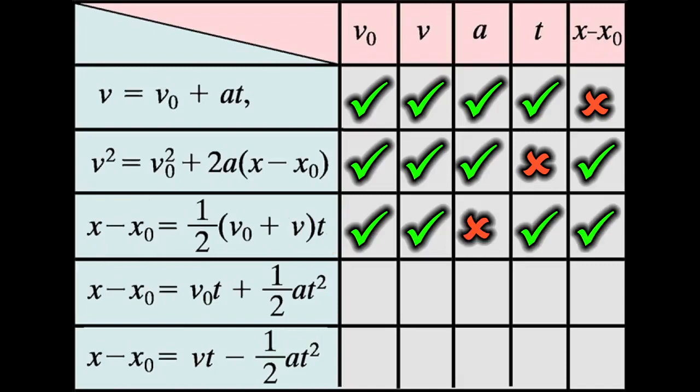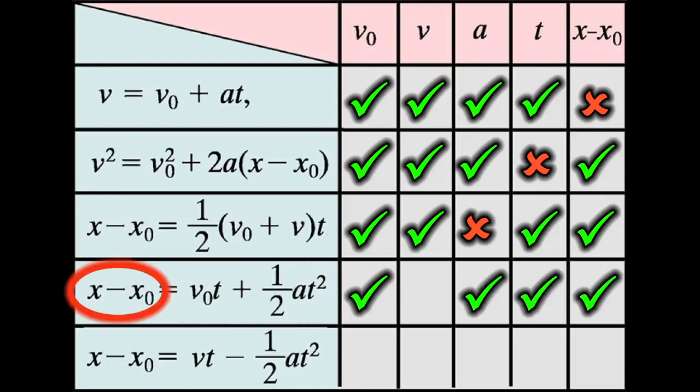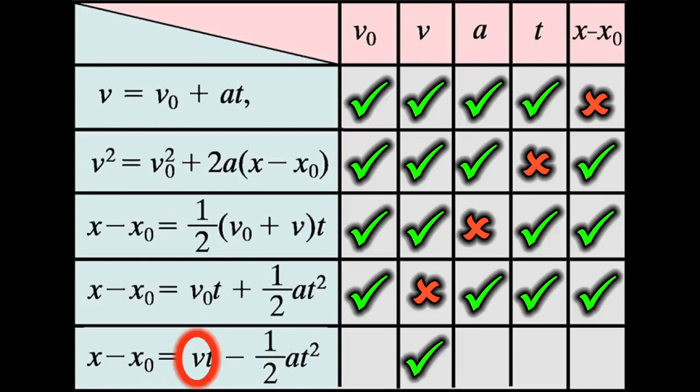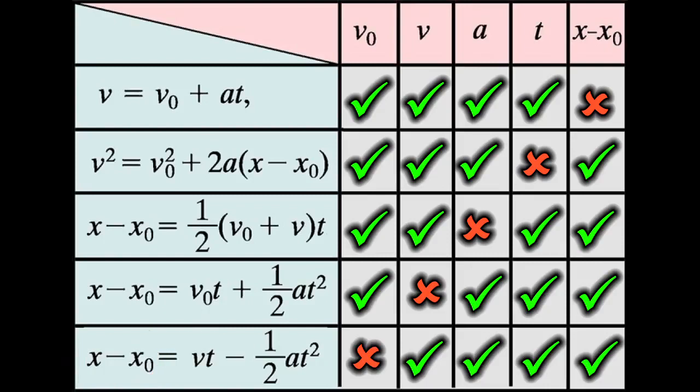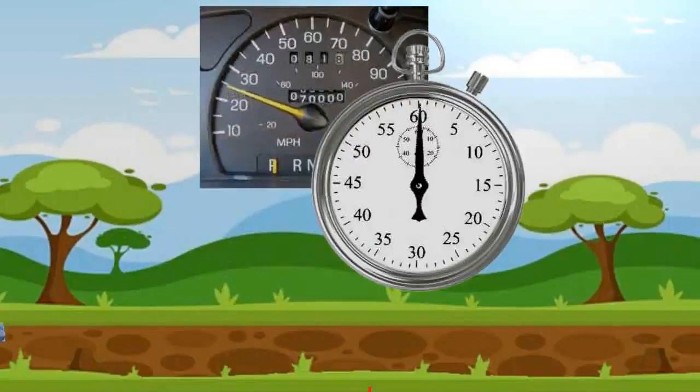There is no acceleration. In the fourth equation, there is initial velocity, acceleration, time, displacement. There is no final velocity. In equation 5, there is final velocity, acceleration, time, displacement. There is no initial velocity. So each equation has 4 variables, and does not have the 5th variable.